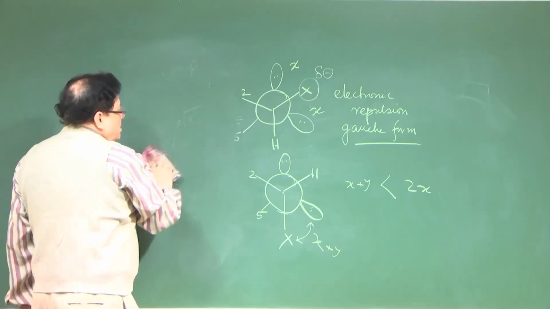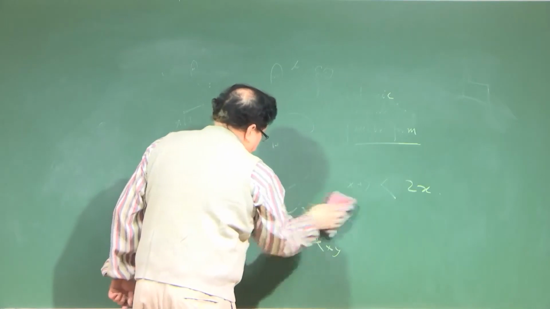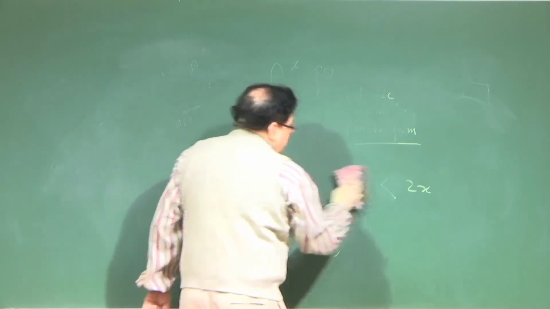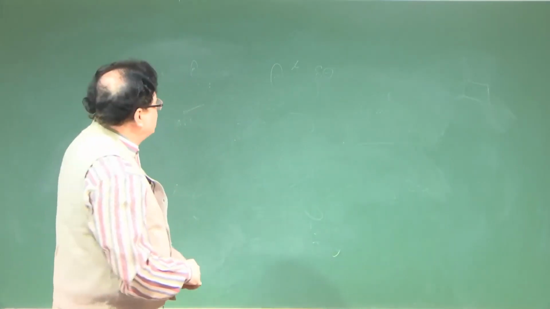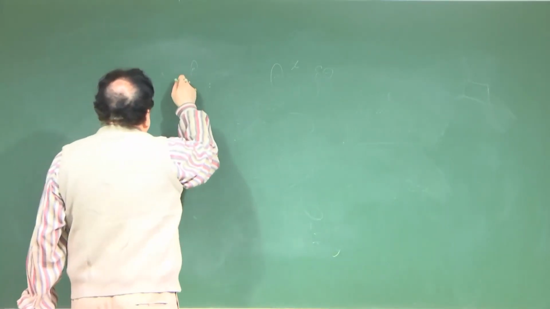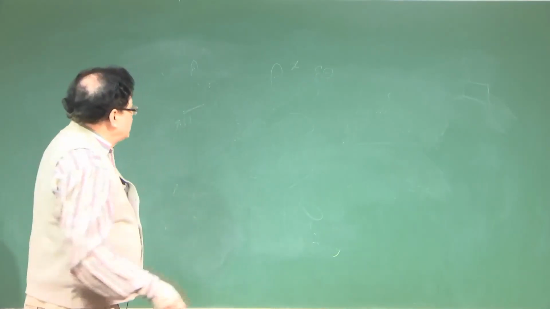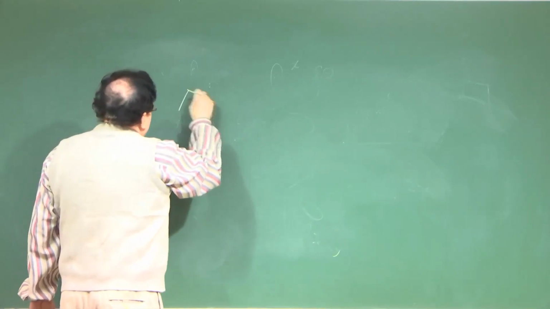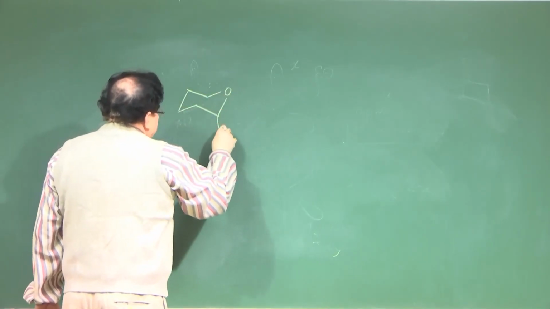Another school of thought is based on the no bond type of resonance. No bond resonance, you know what is a no bond resonance, that is also known as hyperconjugation. Okay. So, another school of thought explains it on the basis of resonance.